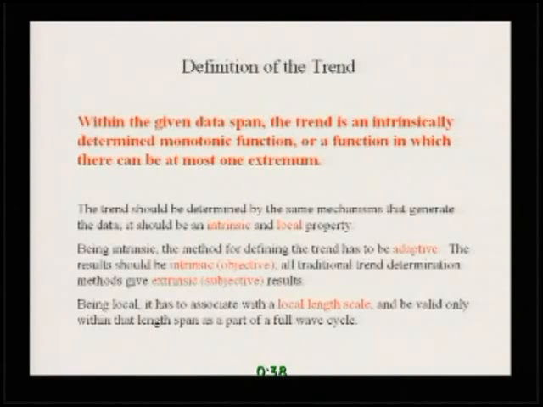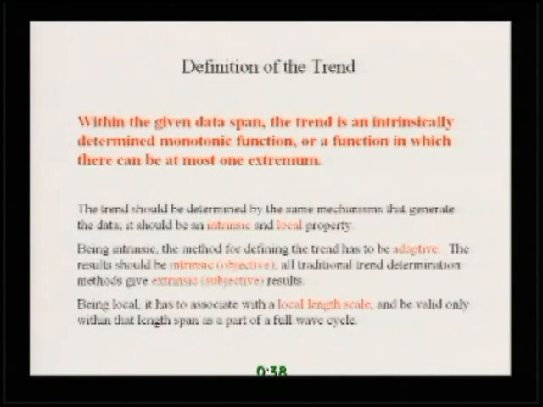The definition of trend: within a given data span, when we talk about trend, we have to talk about a span of data. Different spans, different lengths of data, may have different trends. The trend is an intrinsically determined monotonic function, or a function in which there can be at most one extrema.